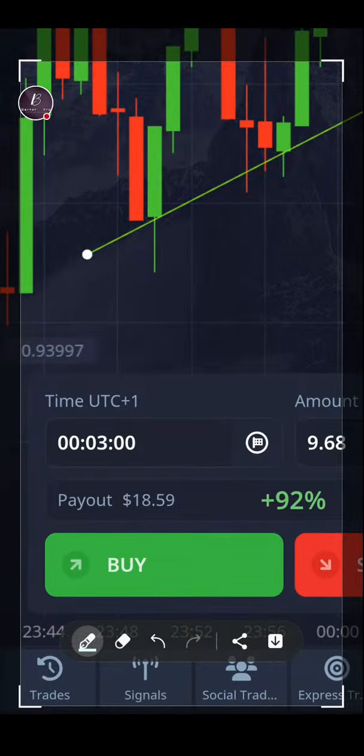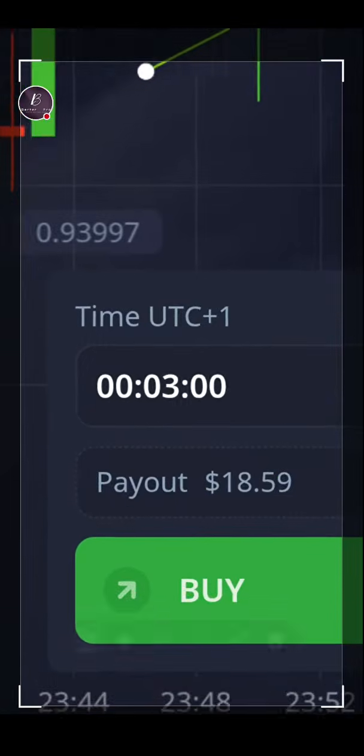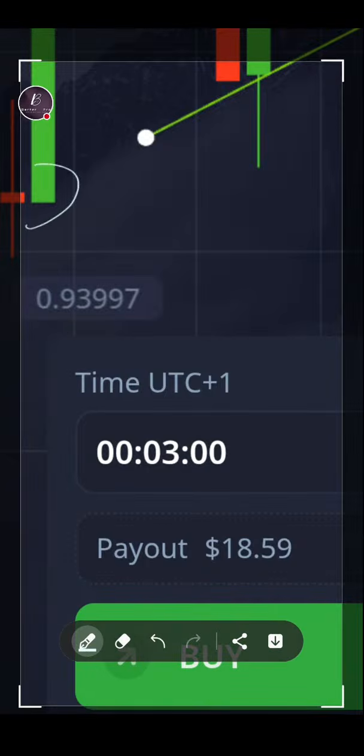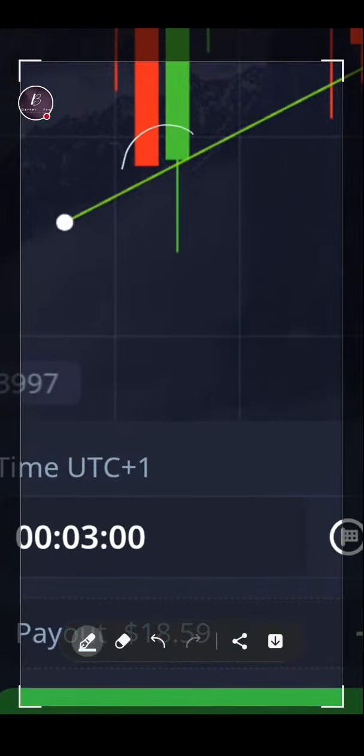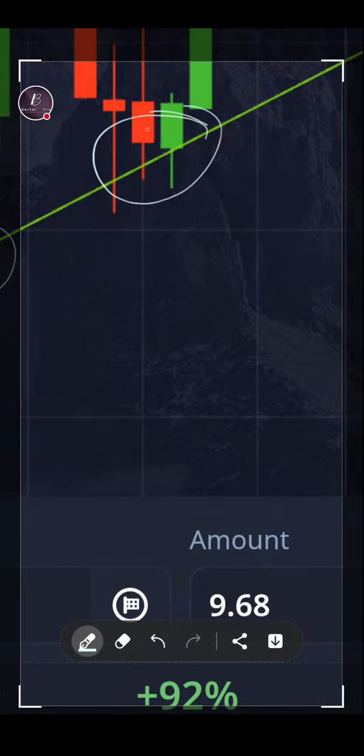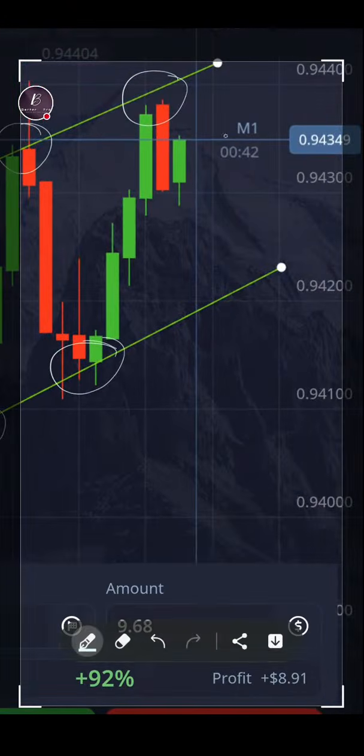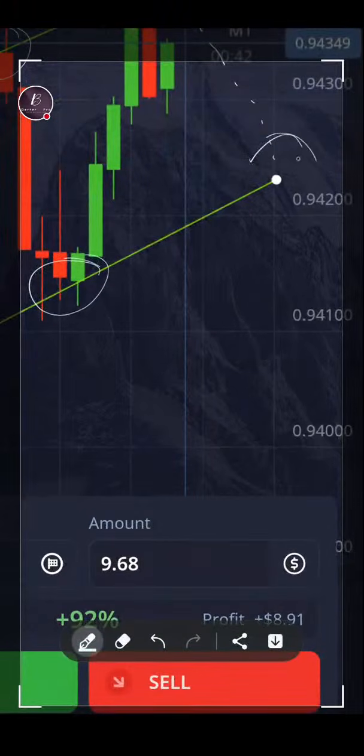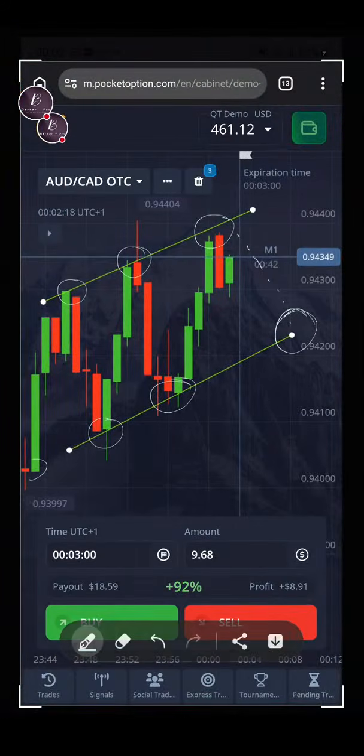You see this area. Oops, sorry, let me mark it. See, this area is a buyer's entry, another buyer's entry. You understand? So if price comes back down here again, it's going to be another buyer's entry. You understand?